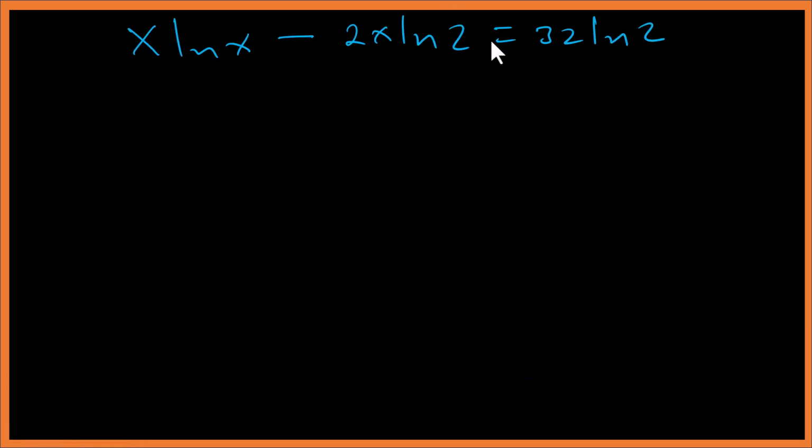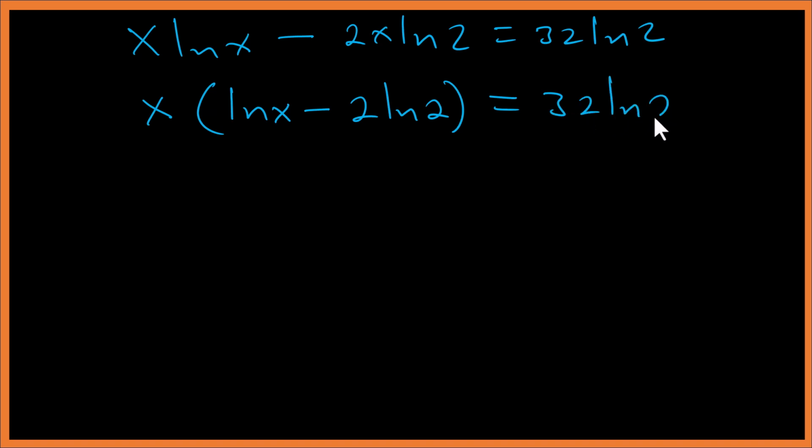Okay, so from here we can take x out: x times ln of x minus 2 ln of 2 equals 32 ln of 2. Now, when we're given ln of x minus ln of p, it is the same as ln of x on p.